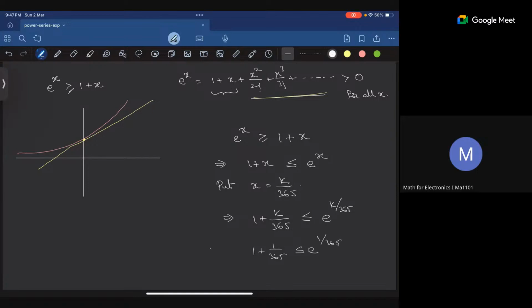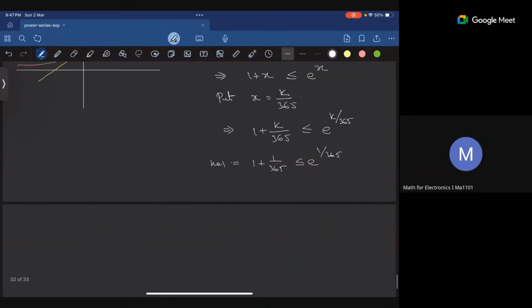When you take k equals 2, this will be 1 plus 2 by 365, lesser than or equal to e power 2 by 365, and so on like this. K equals 23, we will have 1 plus 23 by 365, lesser than or equal to e power 23 by 365.